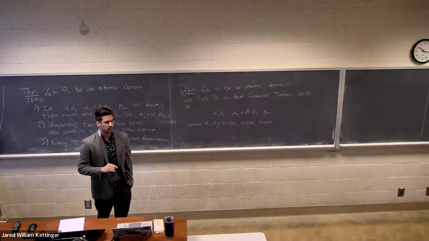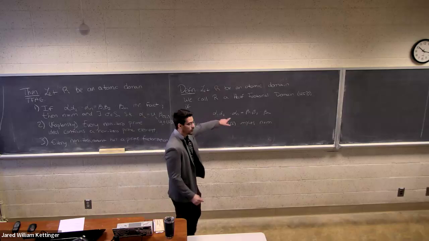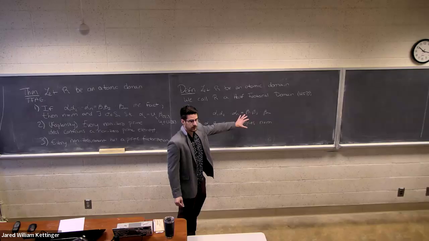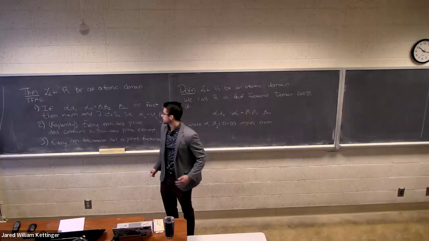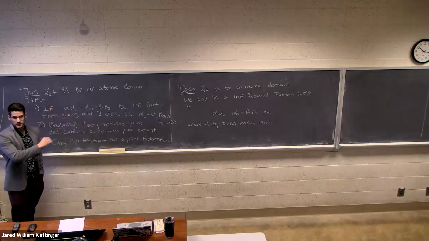So essentially, a half factorial domain is a domain where any two equal irreducible factorizations have to have the same length. What should be immediately clear is that any UFD is an HFD.